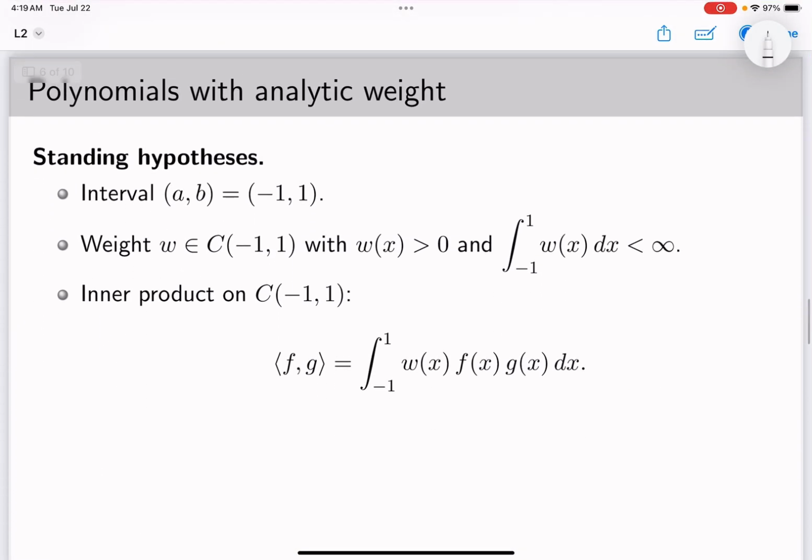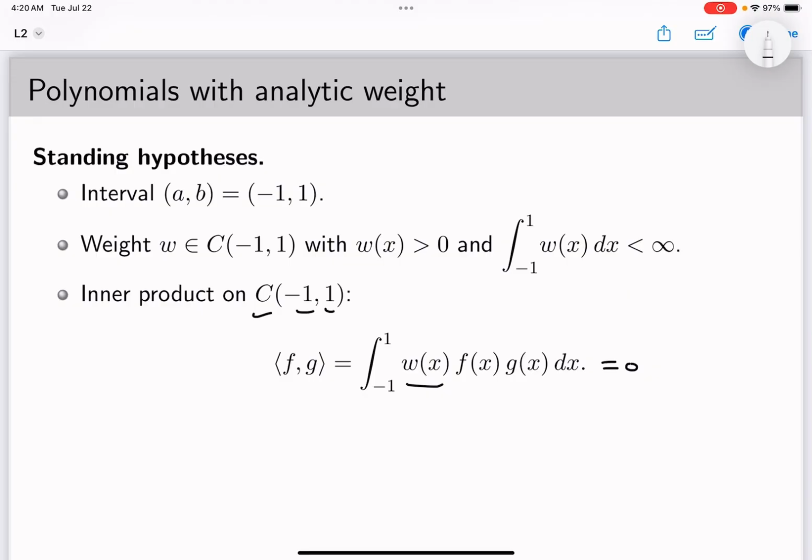We want to prove the theorem, but before that, let me remind you quickly of what it means for two functions, or two polynomials in our case, to be orthogonal with respect to a weight function w. It means that we want the inner product of these to be 0, right? So if we restrict ourselves to the space of continuous functions on -1, 1, we can define the inner product of f and g as an integral of this function.